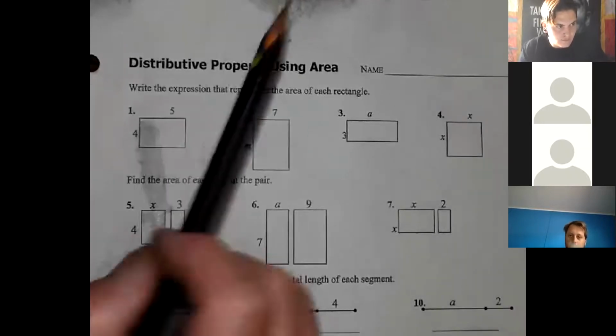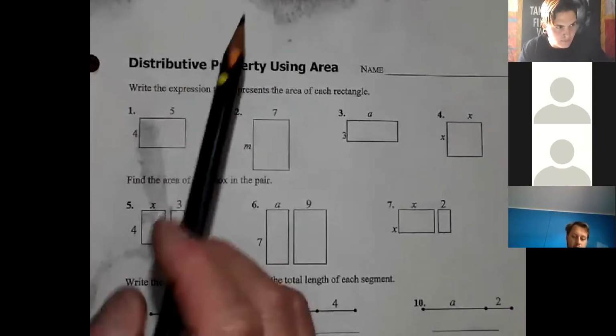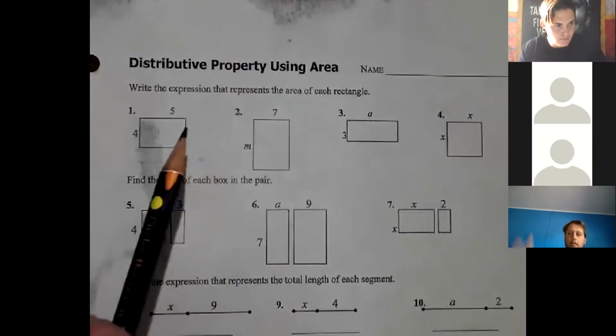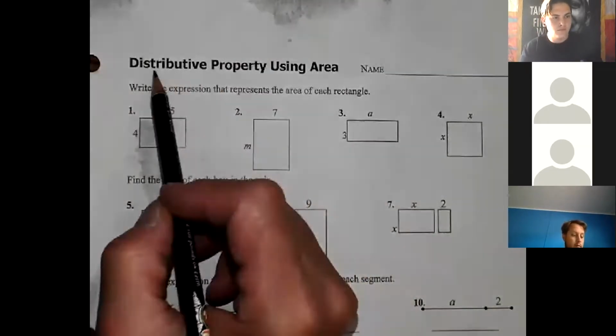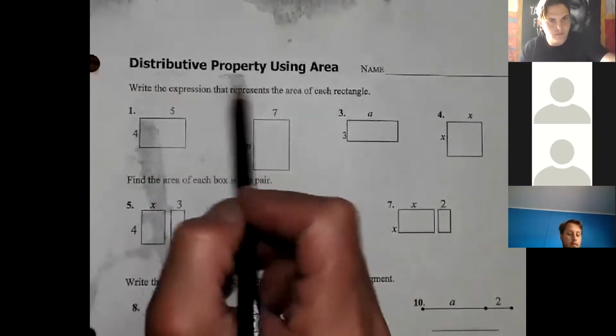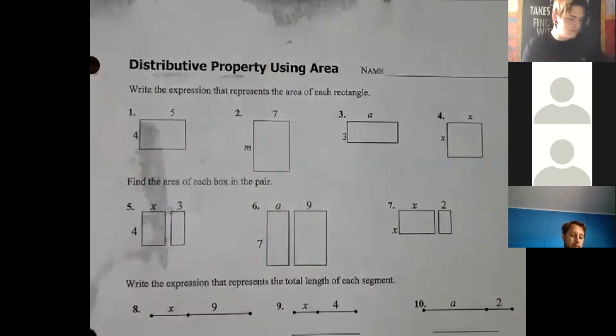So this particular page, and hi, Billy, comes out of your notebook back in the activities section. Back behind that purple page, you should be able to find this one. So the distributive property was taught in a lesson in, I think, section 1.